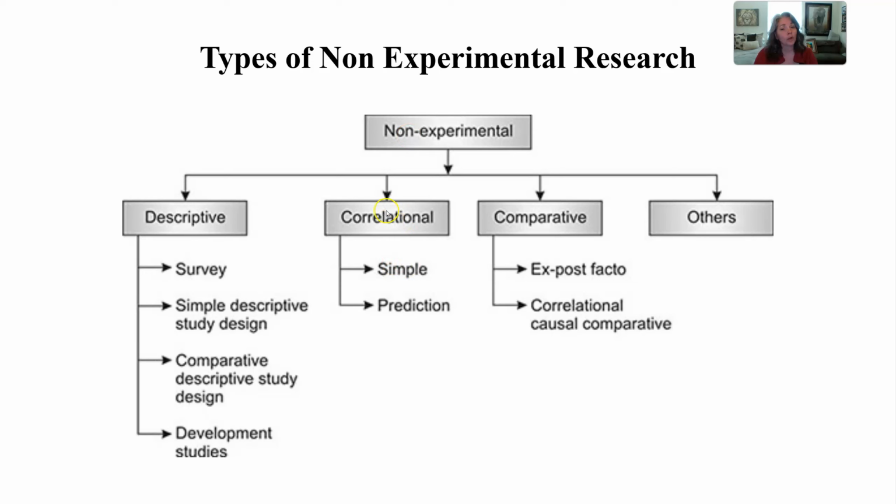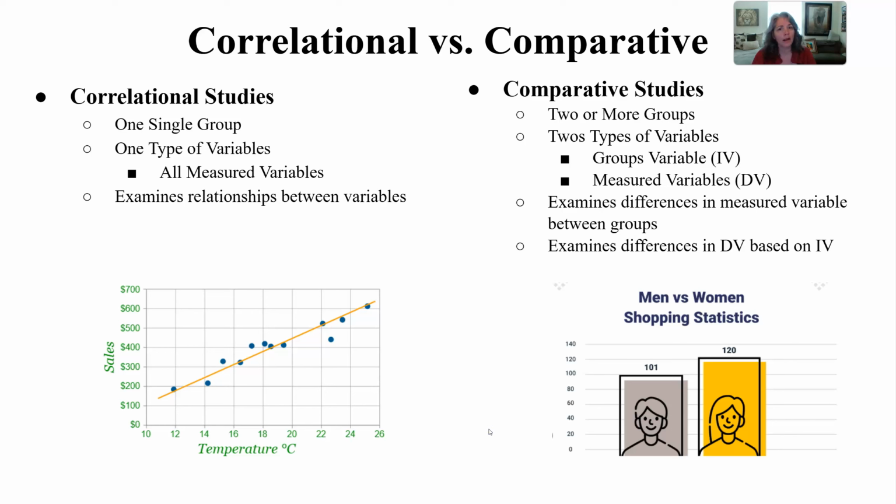That can either be correlational, where we want to see, is there a statistical relationship between the selected variables, or it can be comparative. Do different groups differ across a given variable?